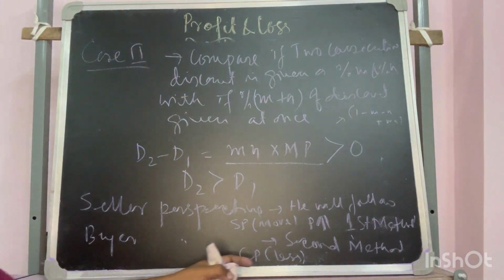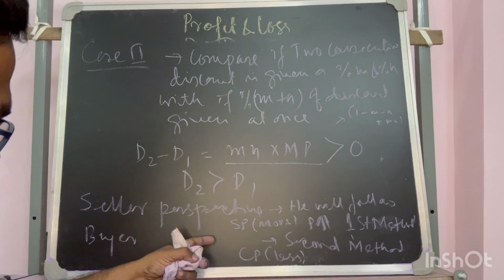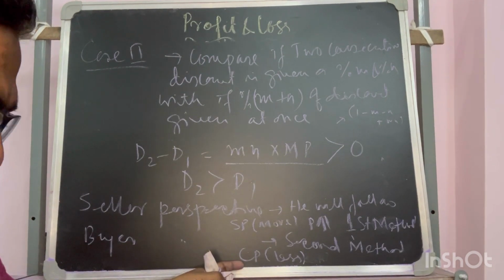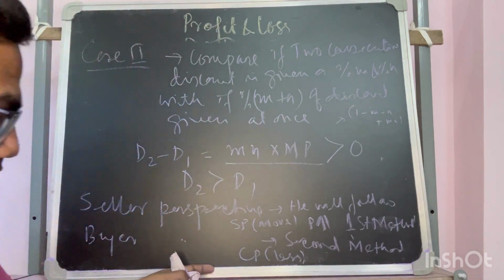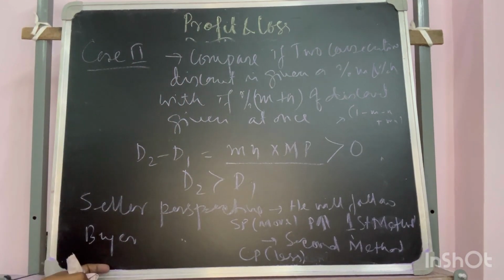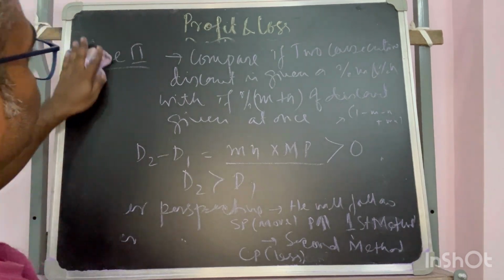For the buyer, he will get more discount, that means a lesser cost price. So this will be the perspective of seller and buyer. Understood? So this is case 2.